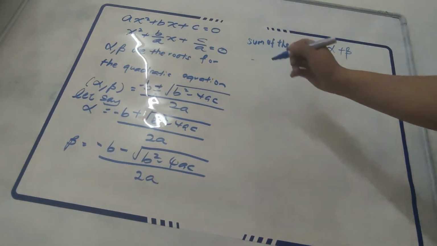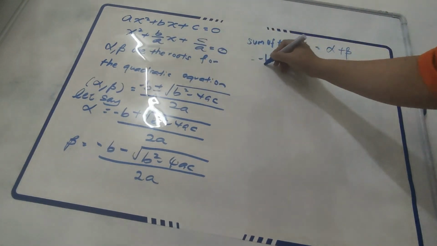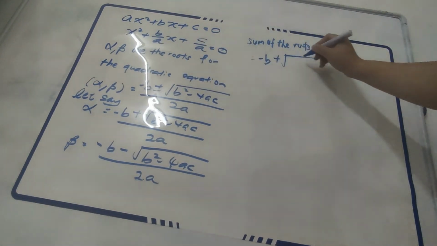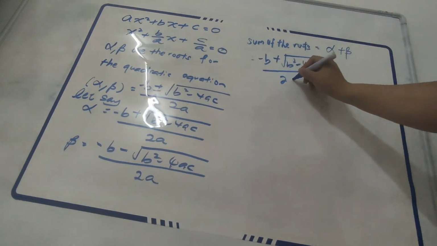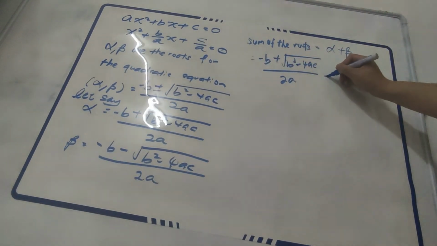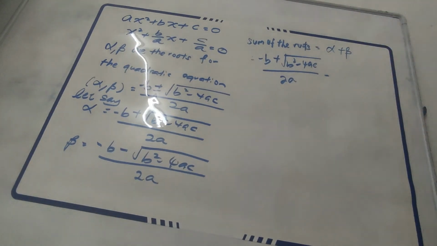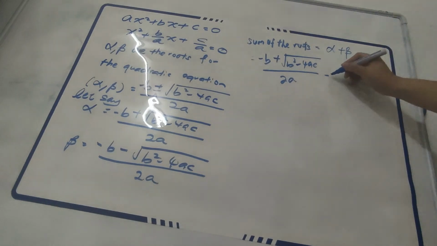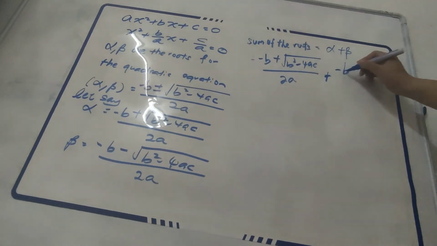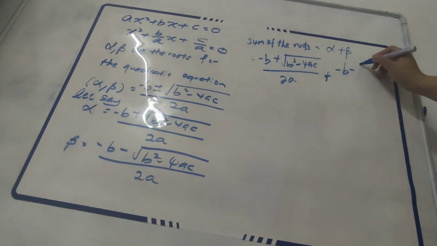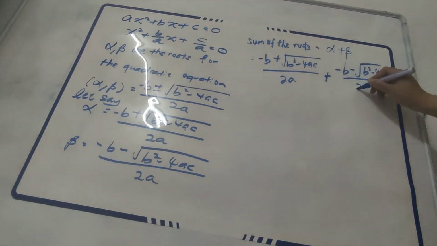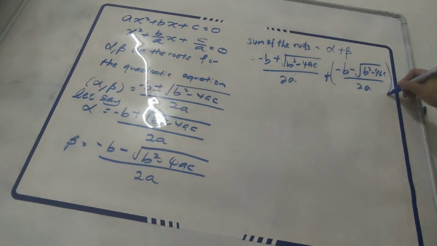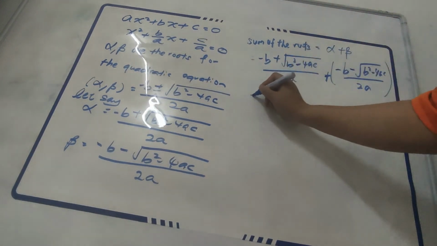So x equals minus b plus square root b squared minus 4ac over 2a, or minus b minus square root b squared minus 4ac over 2a. You see this is complicated.